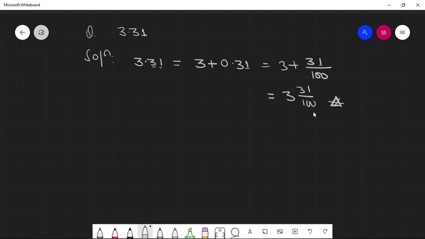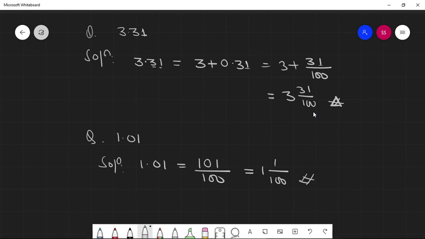Now, next question, dear students. The next question is 1.01. The solution: 1.01 has two decimal digits here, so 101 over 100, or you may write 1 whole 1 over 100.